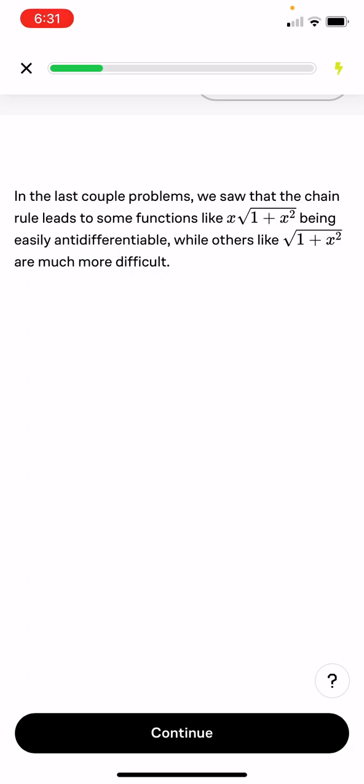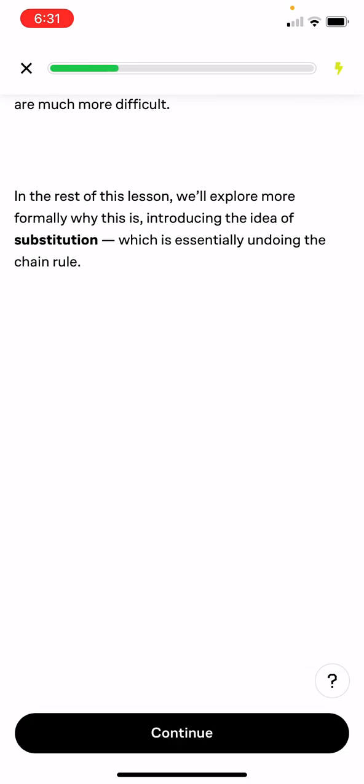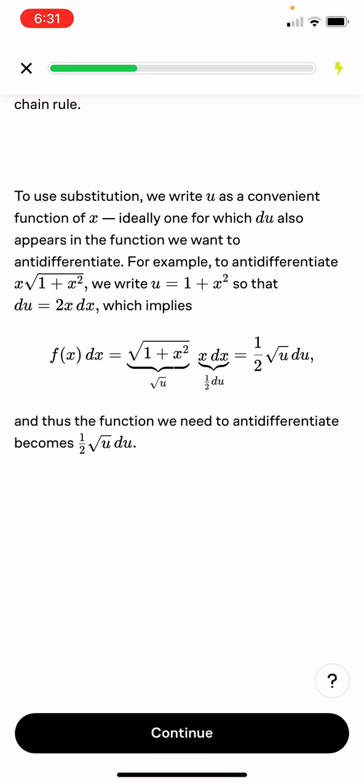In the last couple problems, we saw that the chain rule led to many functions like x square root of 1 plus x to the second being easily antidifferentiable, while others like square root of 1 plus x to the second are much more difficult. In the rest of this lesson, we'll explore how formally this is introducing the idea of substitution, which is essentially undoing the chain rule.